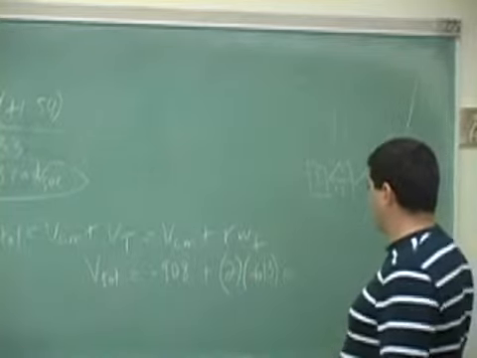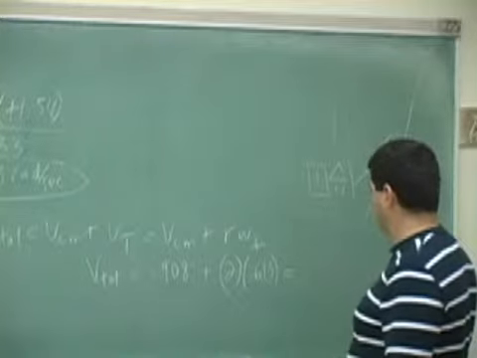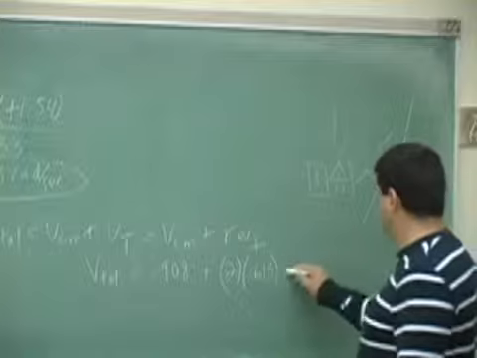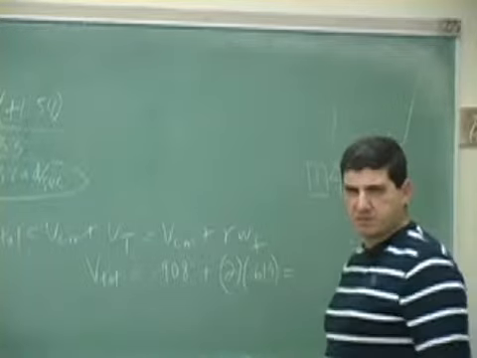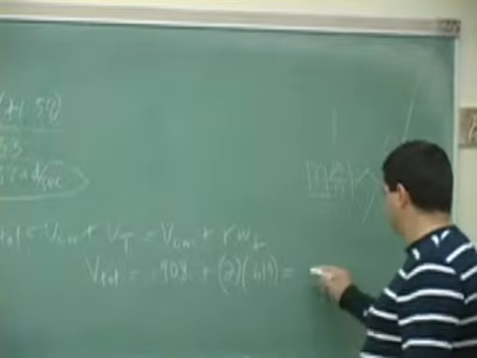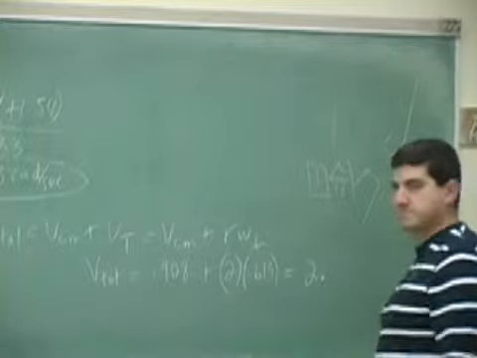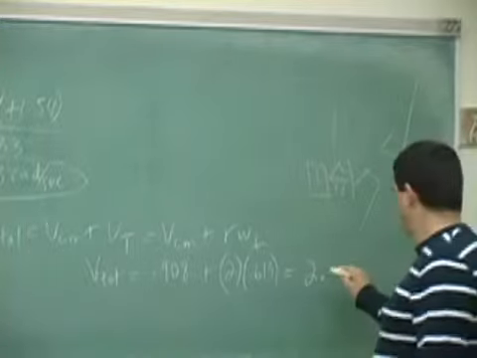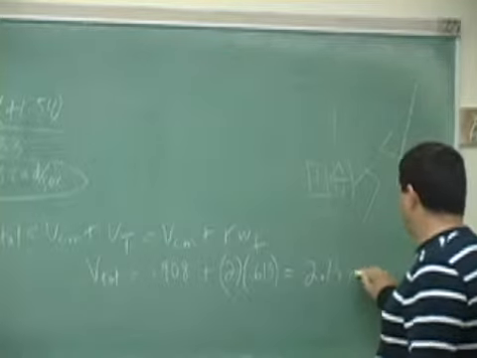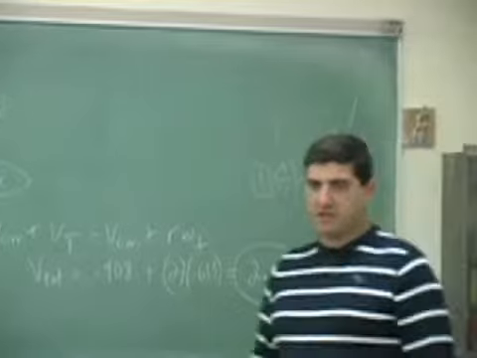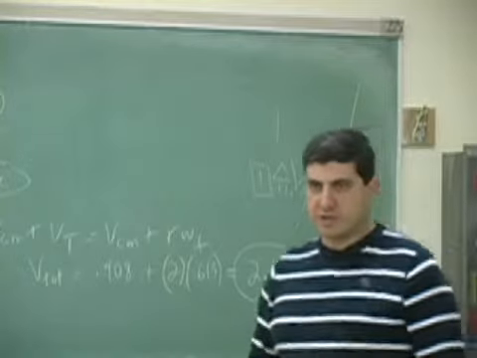So you get here, well, that's pretty large. 2.1 something, right? Okay, let's round it. 2.13 meters per second. So the velocity of the top point is 2.13 meters per second.